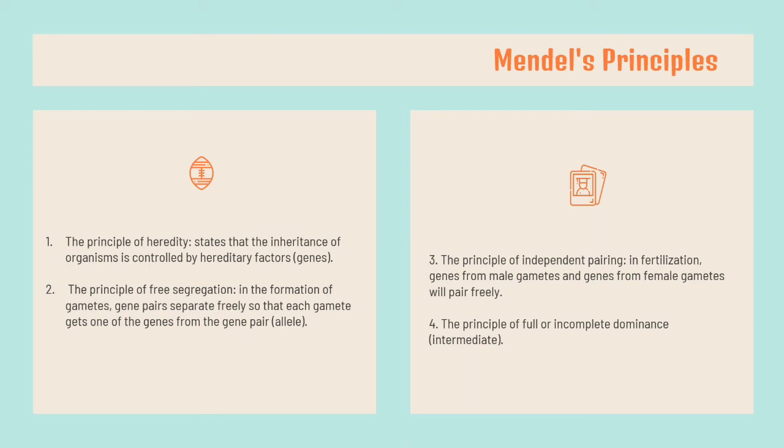The principle of independent assortment: in fertilization, genes from male gametes and genes from female gametes will pair freely. 4. The principle of full or incomplete, intermediate dominance.